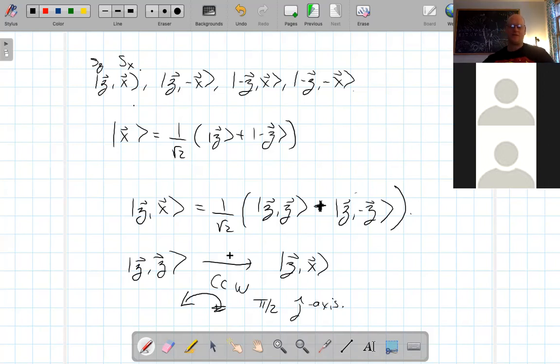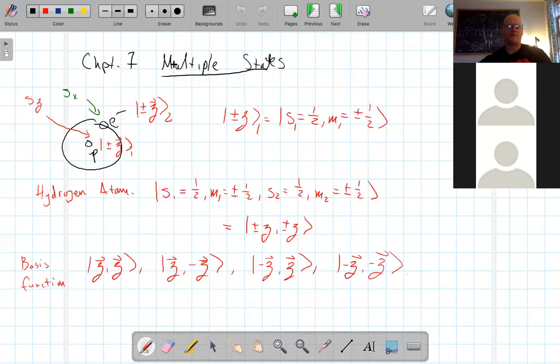So basically what this says is even though I have 2 different spin states, let's go back. I have the spin state for the first particle, which may be the proton, and then the spin state for the second particle, which may be the electron, if I'm talking about something like a hydrogen atom. So we can rotate the spin of one of those particles while leaving the other one alone.